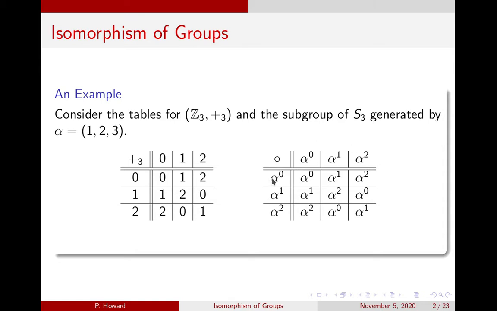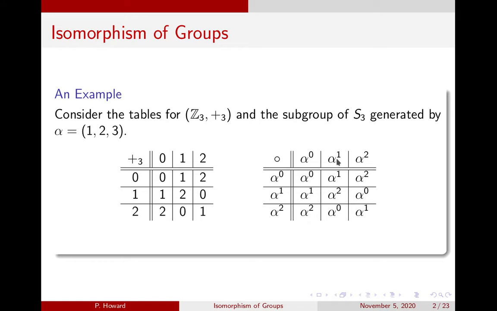And then in the body of the table, I have calculated the products. So for example, alpha to the first multiplied by alpha to the second is alpha to the third. You add exponents. And since alpha has order 3, we know that alpha to the third is the identity, which in this table we're denoting by alpha to the 0.